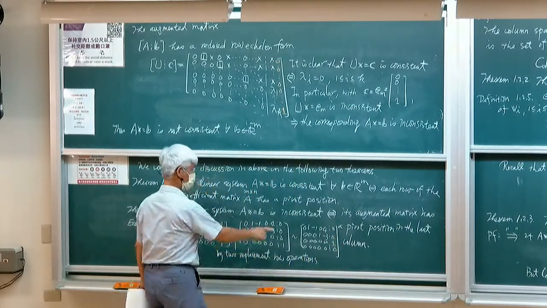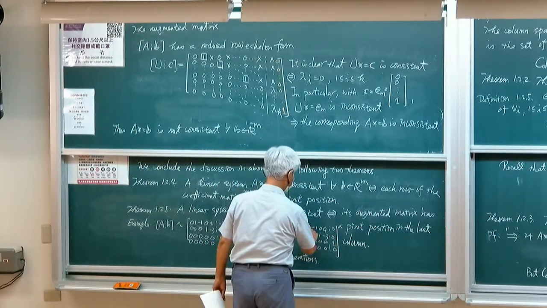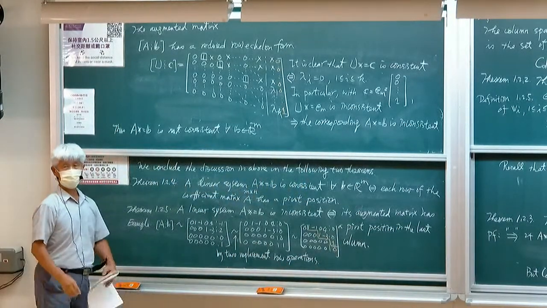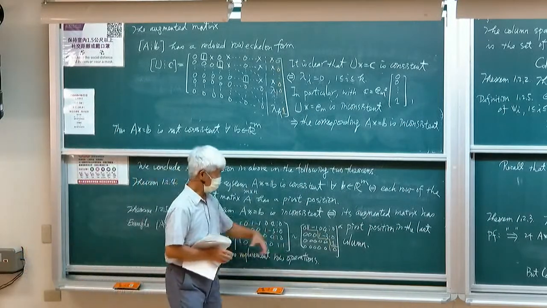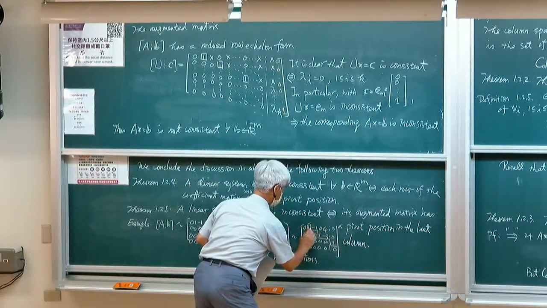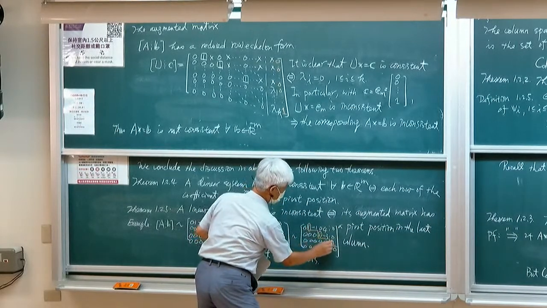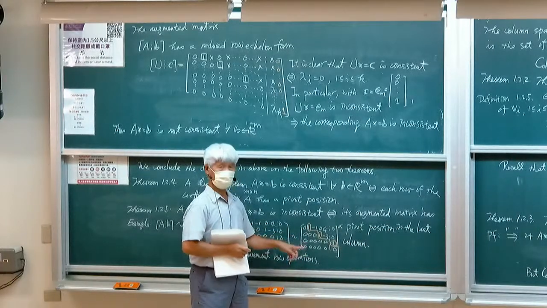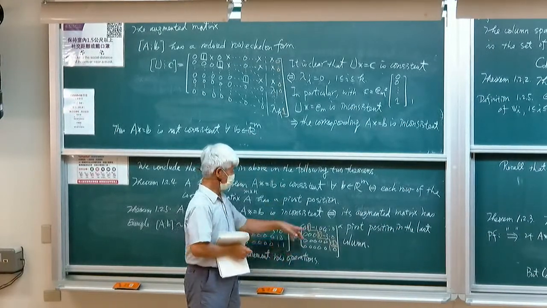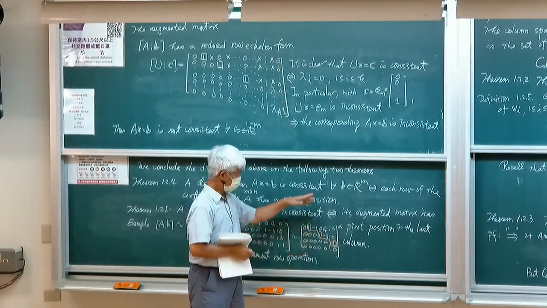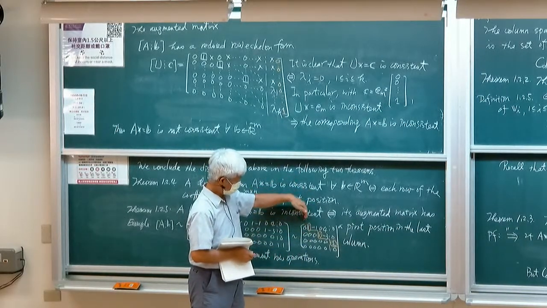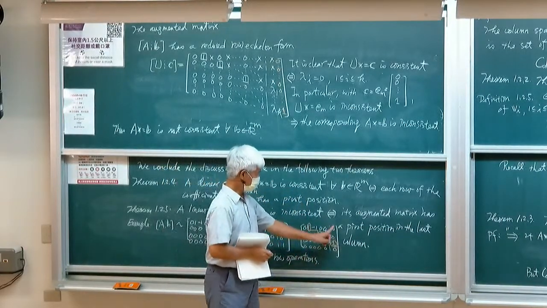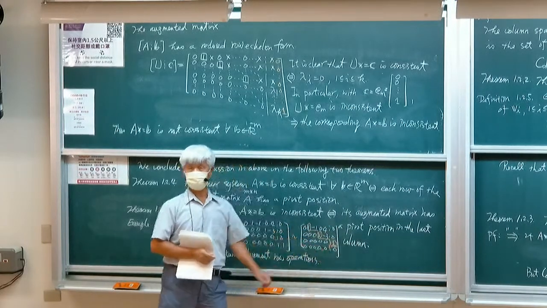Now the augmented matrix is in reduced row echelon form, because each pivot cancels all the entries above and below it. You can see the last column has a pivot here.